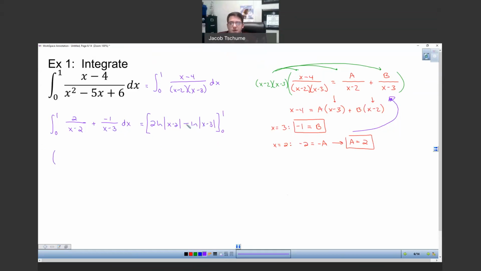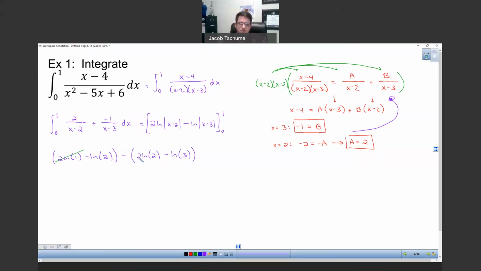So if I go through and plug 1 into both of these functions, you should get 2 times the natural log of 1, because remember you're applying the absolute values, minus the natural log of 2, minus, then go through and plug 0 in, and you get 2 natural log of 2 minus the natural log of 3. Now, the one good thing about this one is that the natural log of 1 is just 0, so I can get rid of that term.